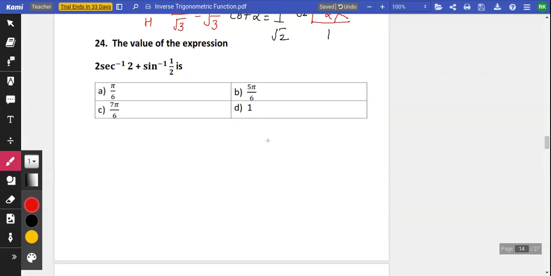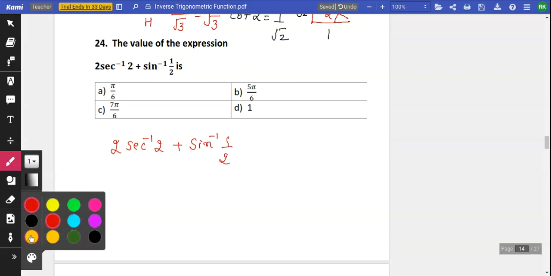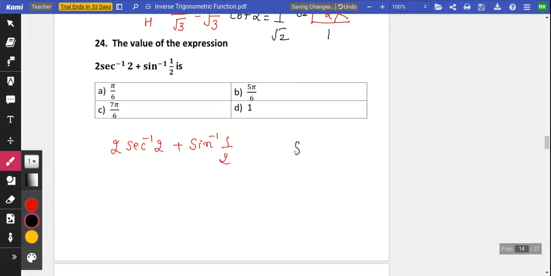In this question, you have to find 2 sec inverse 2 plus sine inverse 1 upon 2. Basically, sec inverse 2 is equal to pi by 3, and sine inverse 1 upon 2 is equal to pi by 6.